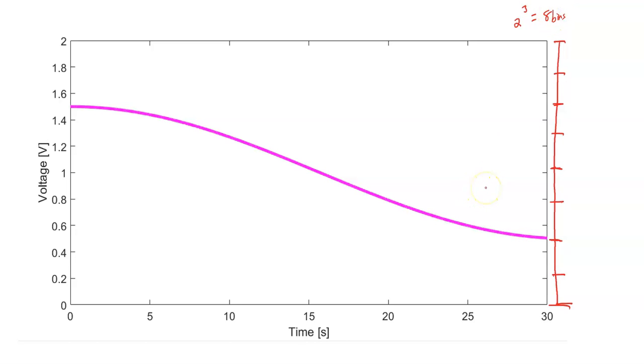So now we should have voltage levels at something like 0, 1, and 2, and then halfway in between 1 and 2 would be 1.5, halfway in between 1.5 and 2 would be 1.75, and so we'd have bin values at every quarter of a volt.